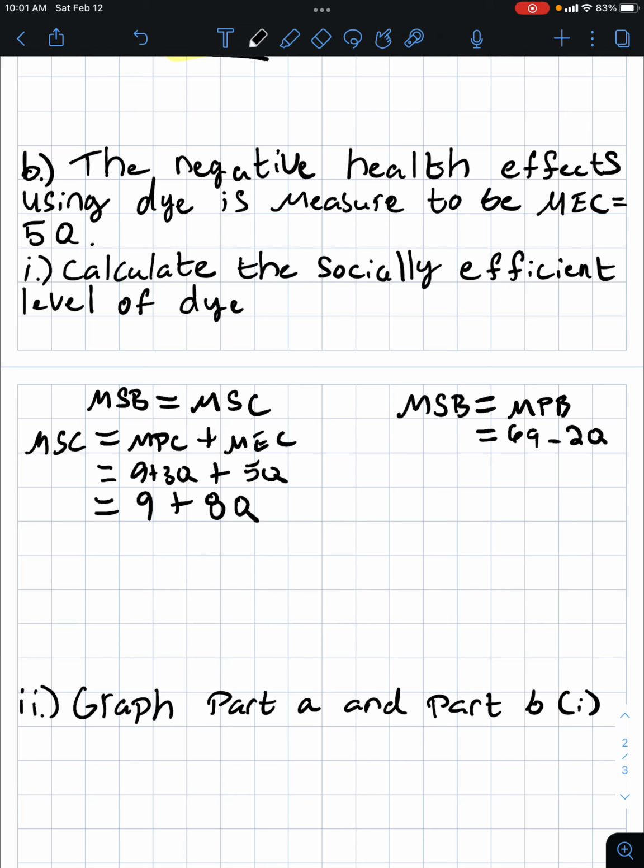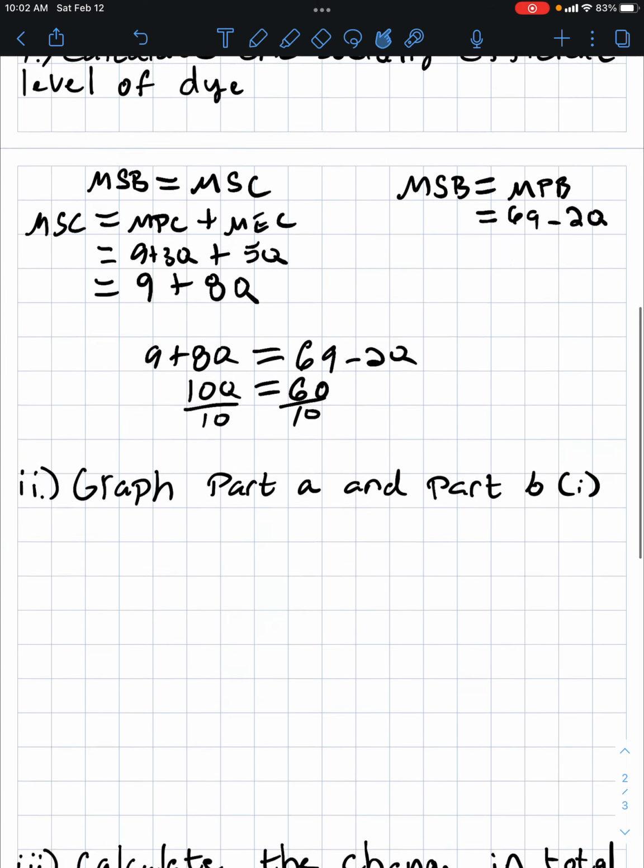So now we set our marginal social benefit equal to our marginal social cost. So we get 9 plus 8Q, marginal social cost, equal to our marginal social benefit, 69 minus 2Q. We can now solve for Q. So we add 2Q to both sides and subtract 9 on both sides. We get 10Q is equal to 60.